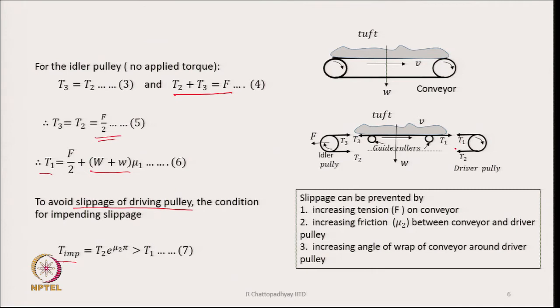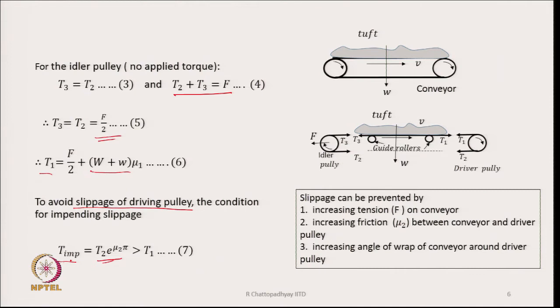It will be T2 into e to the power mu 2 into pi, where mu 2 is the frictional coefficient between the driver pulley and the belt. So, this is the impending slippage, as long as this T impending value is greater than T1, the belt is not going to slip. Otherwise, if T1 rises and goes beyond T impending, in that case there is a possibility of slippage.